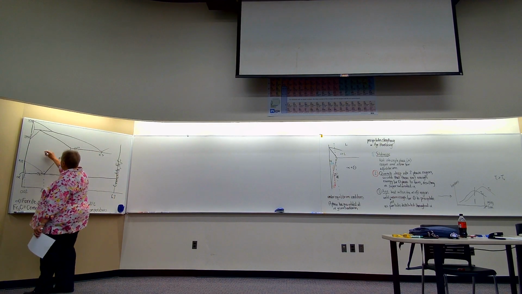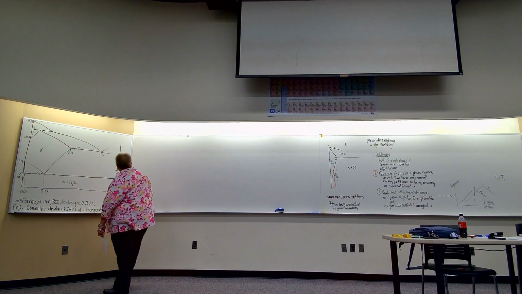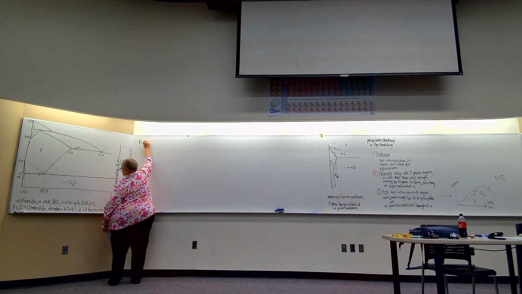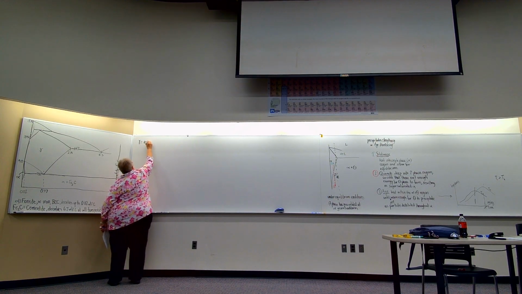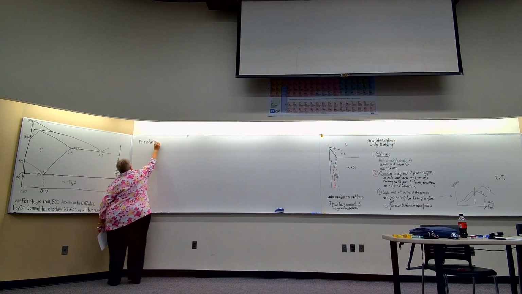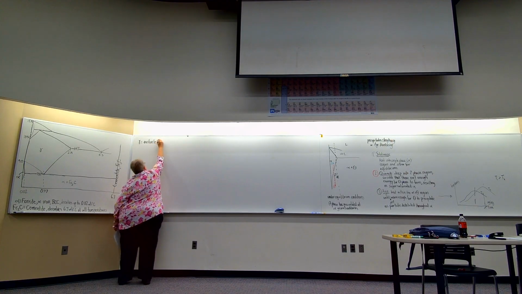And this whole big area here is gamma iron. It's called austenite, or sometimes gamma iron, and it's FCC. And it can dissolve a lot more carbon.